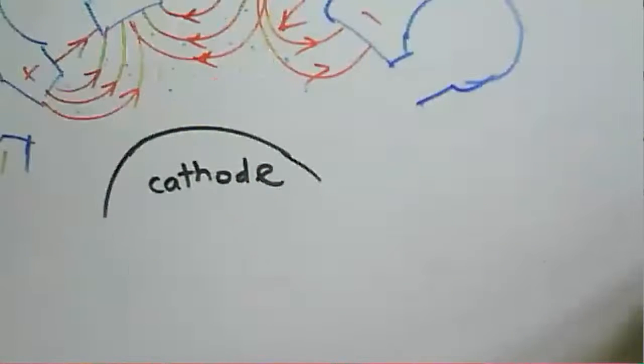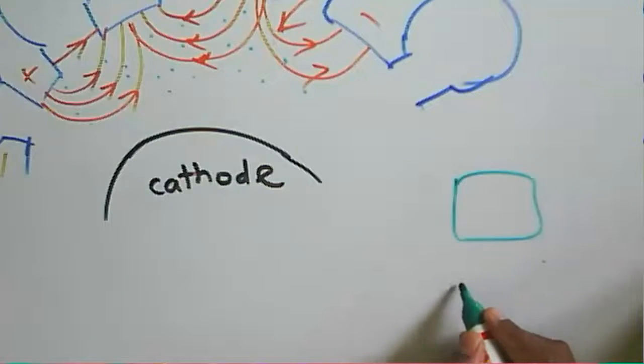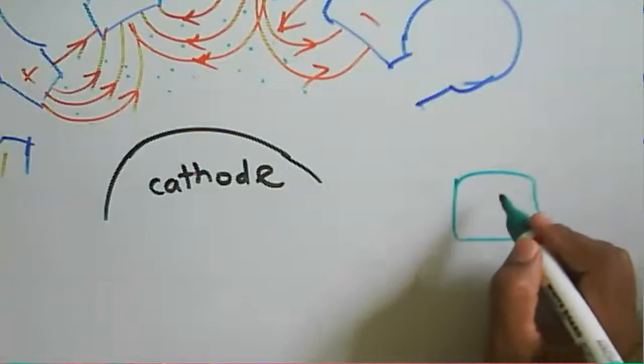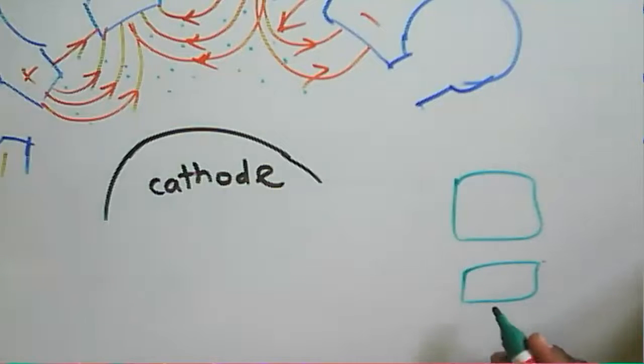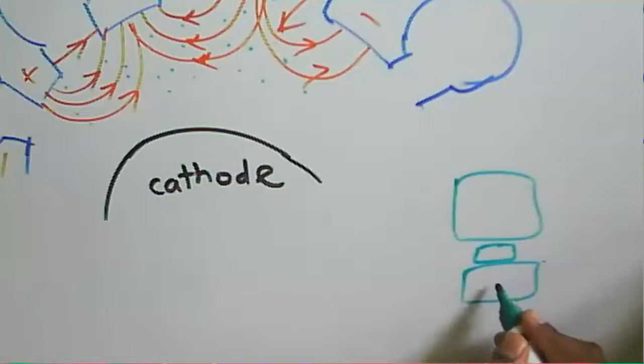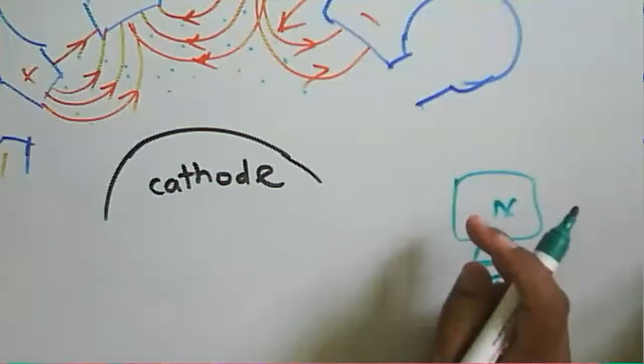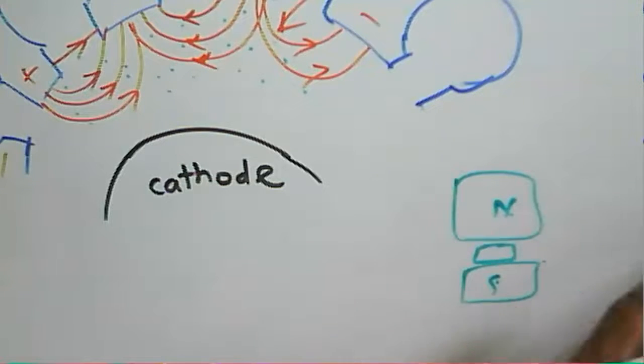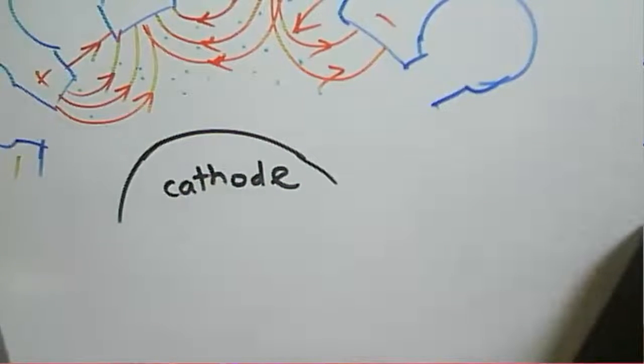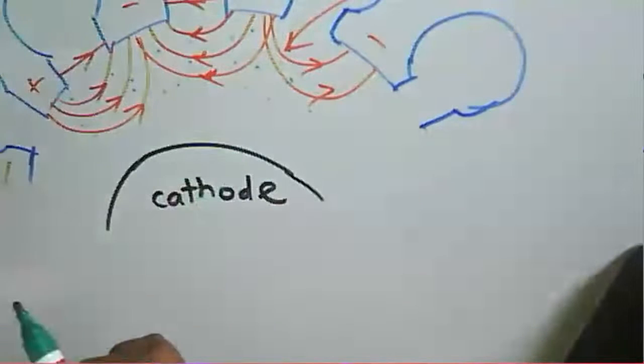For a given interaction region, magnets are used. In this case we have the magnetron with a south pole and north pole, one on top and this one at the bottom. So the magnetic field will be generated in between the cathode and the anode.